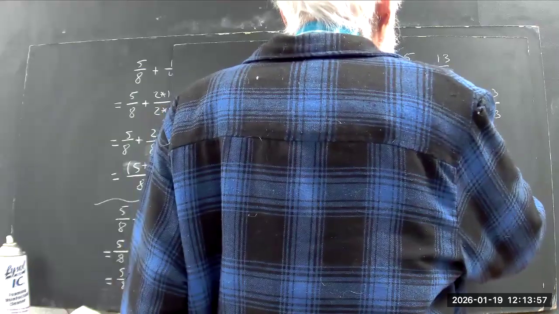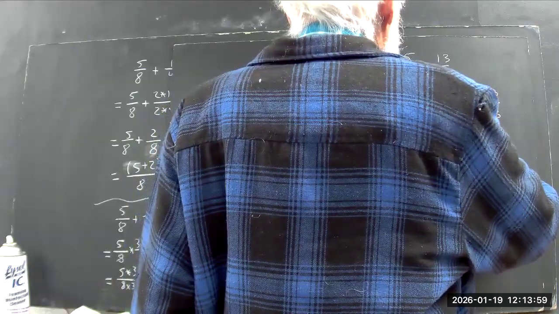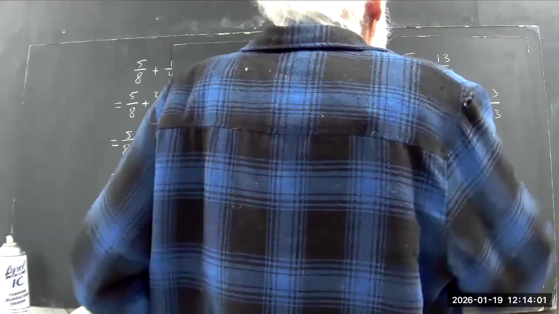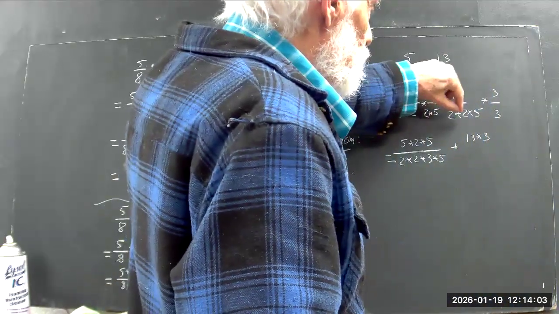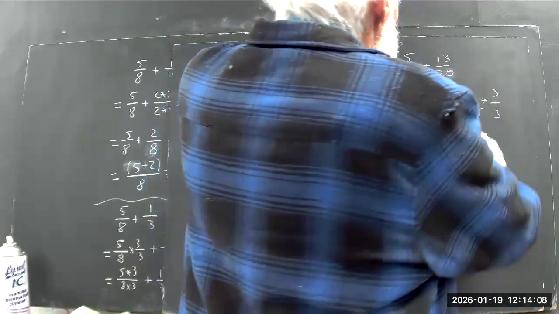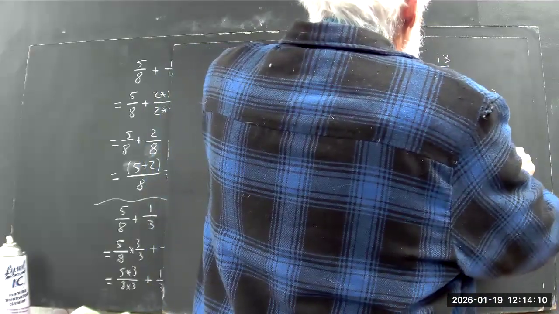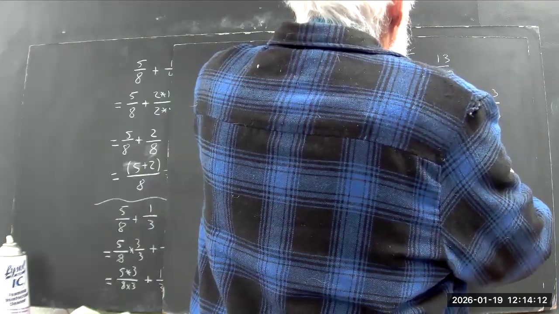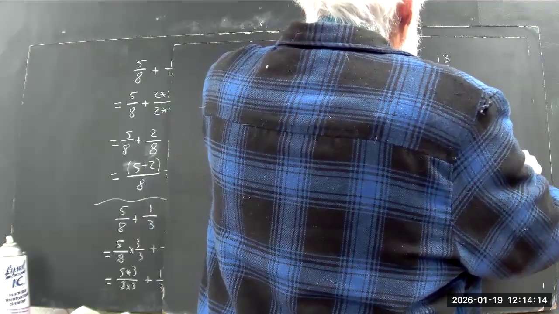And then we're going to add 13 times 3. Sorry, 13/2 times 2 times 5 multiplied by 3/3 is 13 times 3 over 2 times 2 times 5 times 3.